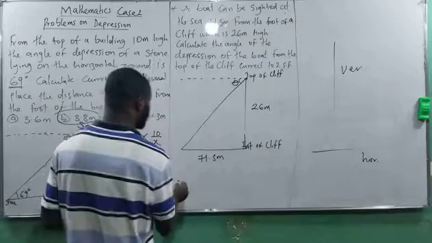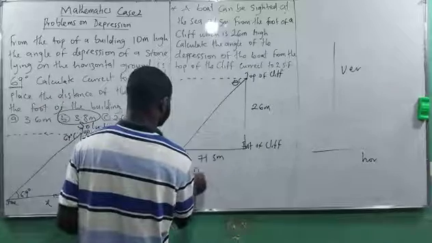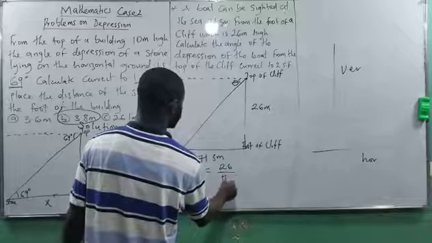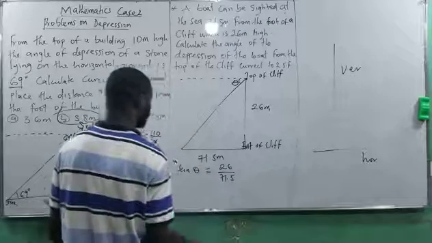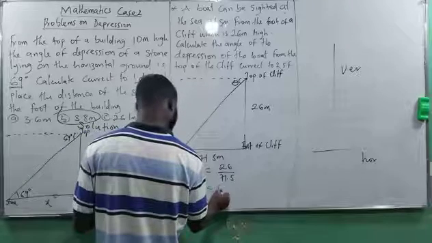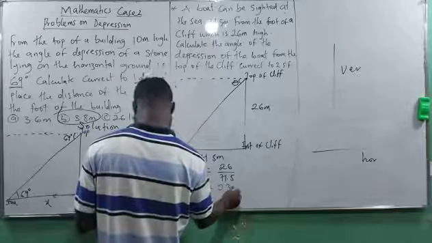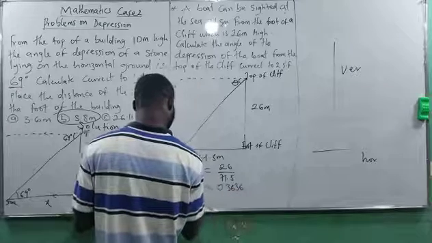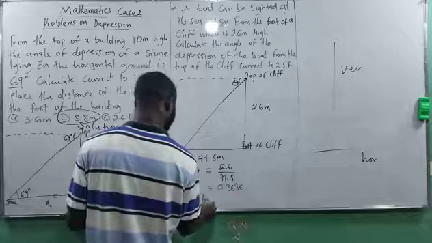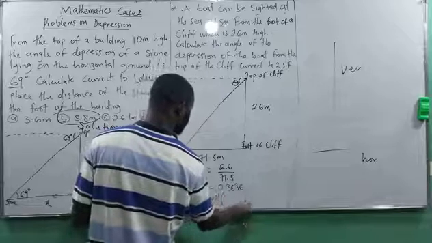I can now say that tan theta equals 26 divided by 71.5. Now, this fraction, I think I'll be having with my calculator is 0.363. Now, I can say that my tan theta equals that. My theta will be tan inverse of what we're having here.